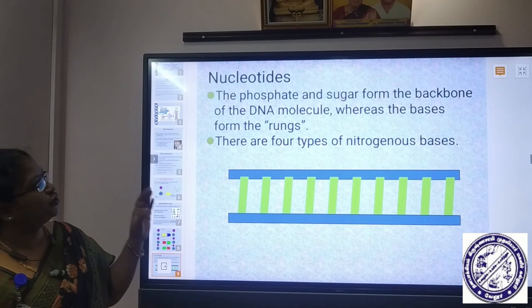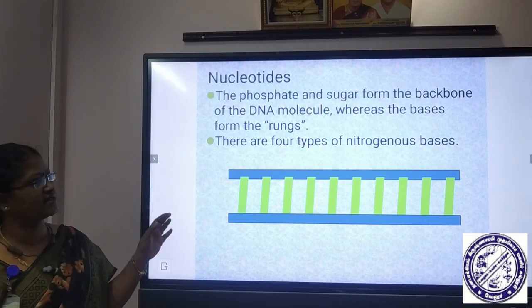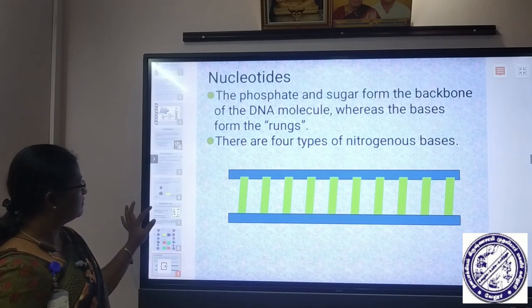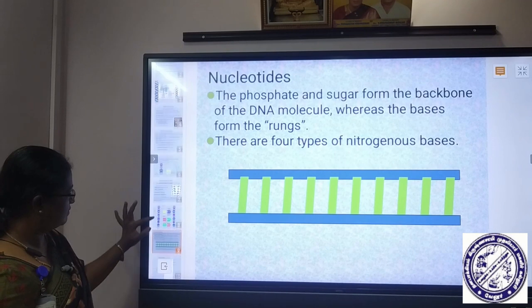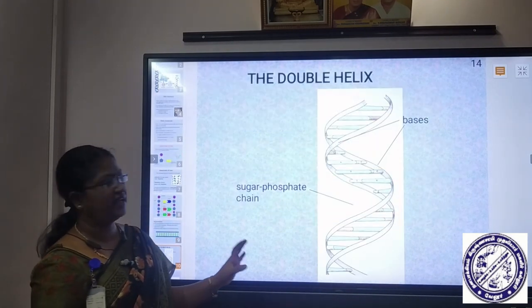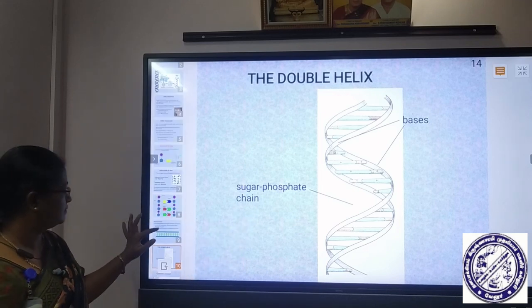The phosphate and sugar form the backbone of the DNA molecule, whereas the bases form the ring structure. There are four types of nitrogenous bases. So this is the double helical structure of DNA. It contains bases and sugar phosphate molecules.